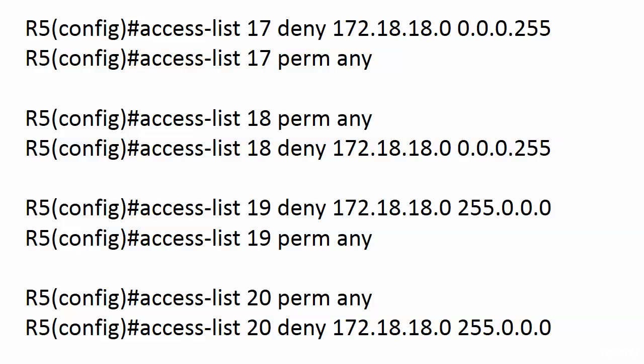So what I'd like you to do is tell me which of these ACLs actually does the job of denying 172.18.18.0/24 and then allowing everything else. And you should be able to tell me, or an interviewer or Cisco on your exam, exactly what's wrong with the other three. So go ahead and pause the video, especially the first time you've seen it, and go through the exercise. But right now we're going to go from top to bottom and examine each one. Now, first off, I guess I'm not going top to bottom first.